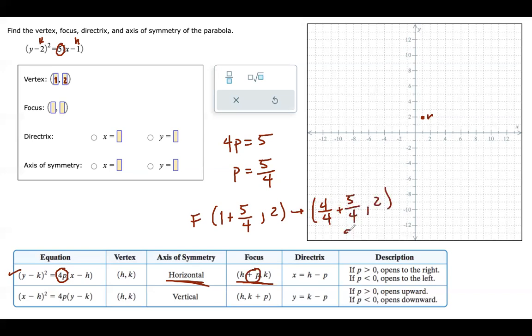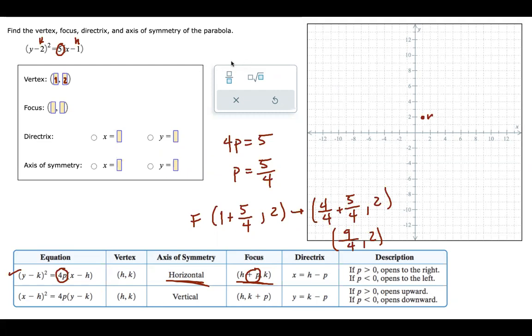So this is going to end up as 9 over 4, comma 2. So if 8 over 4 is 2, 9 over 4 is going to be just a tiny bit after that. All right, went too far, so that's the vertex right there.